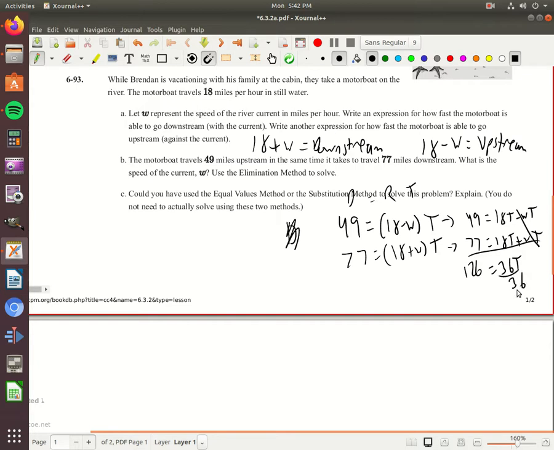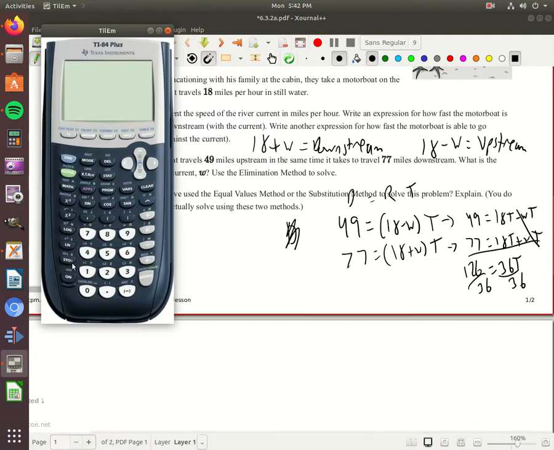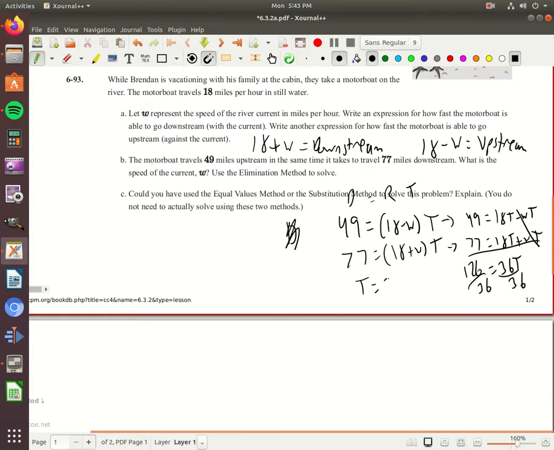So I'll divide both sides by 36. So let's see what 126 divided by 36 is. So we get 3.5. So T equals 3.5 hours.